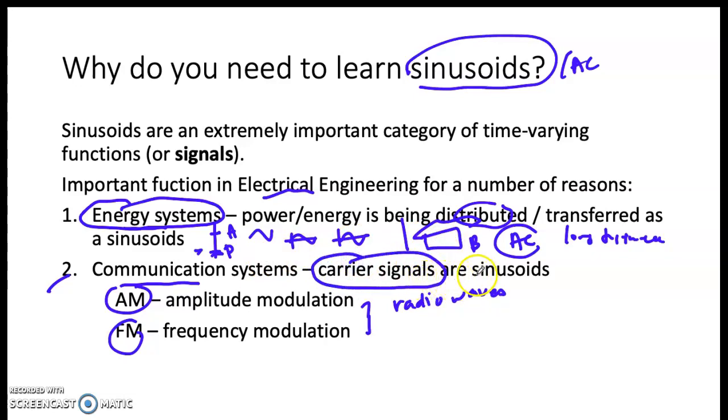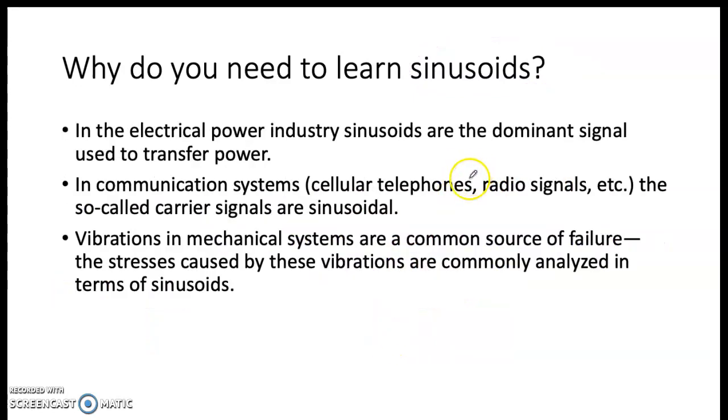These carrier signals in communication are sinusoids. So that gives a clear view of why you need to learn the sinusoid signal. The second one is communication in your Wi-Fi, in your radio signal, in your cellular phones, all using carrier signals, which are sinusoids.